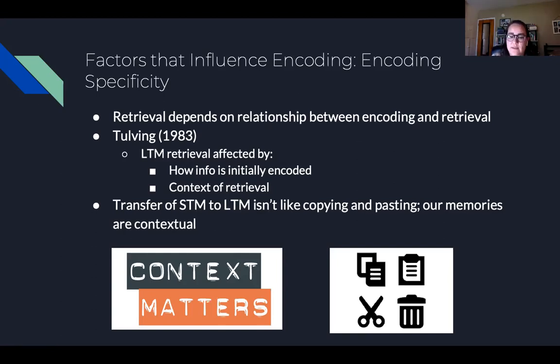Going back to that idea, the transference of information from short-term memory to long-term memory isn't a process of just copying and pasting or stamping something down and having this exact pure representation of that event or object exactly as it appeared, devoid of anything else that happened. Rather, what we remember is highly contextualized. And now we're going to talk about some of the aspects of context that impact our encoding.